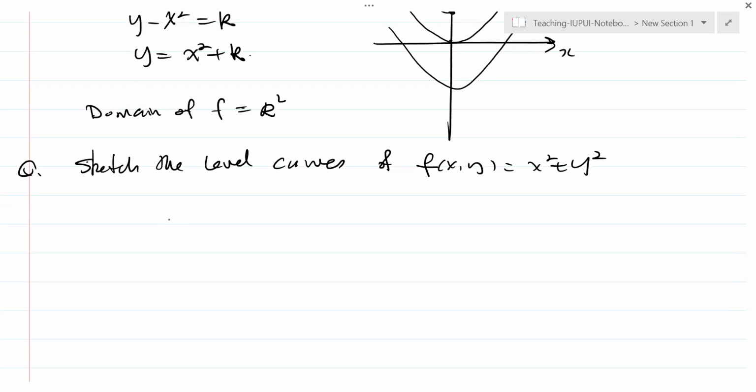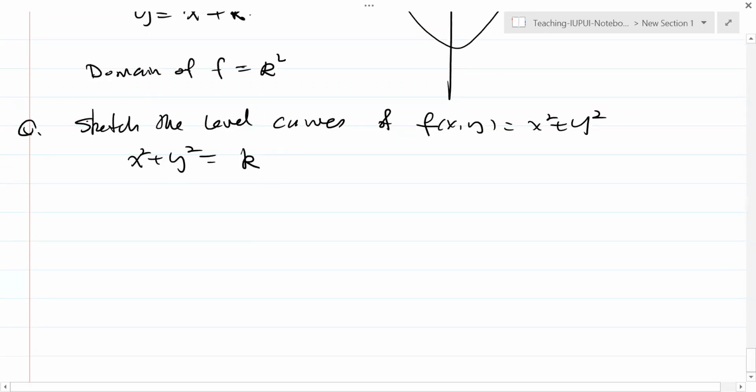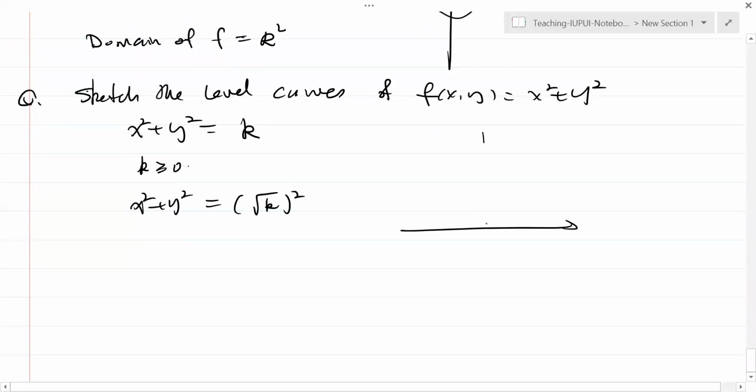Right, so let's sketch the graph. We can look at this family of equations. Clearly, k cannot be negative. Then x squared plus y squared equals k describes a circle.